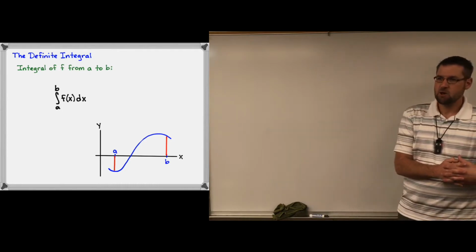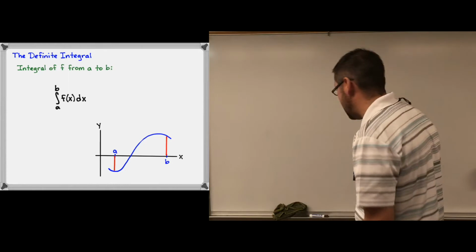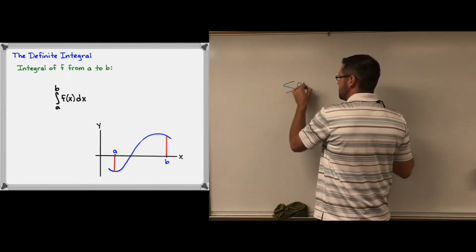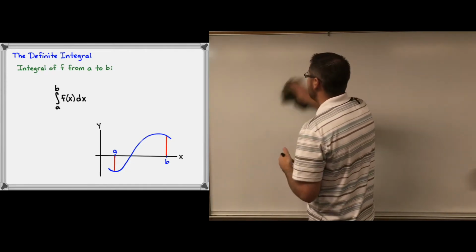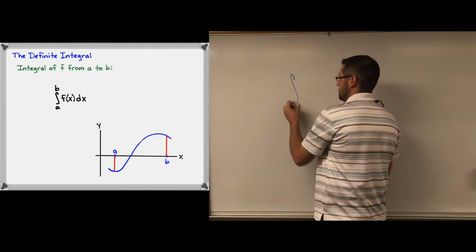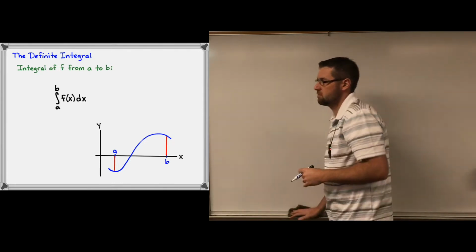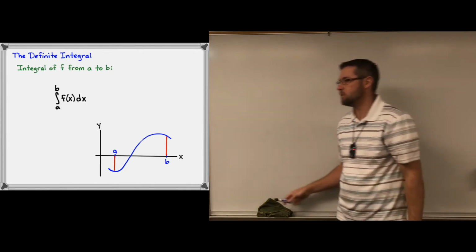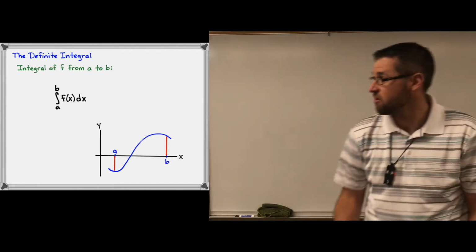You don't just write an S. That's what it is. You don't say S f of x dx. No. It's an elongated S. Oh, and then in the text, the ends are really big. I'm sure it's just the font.